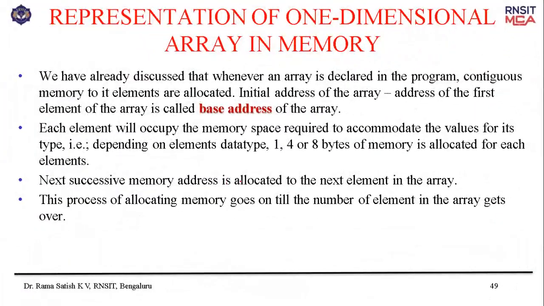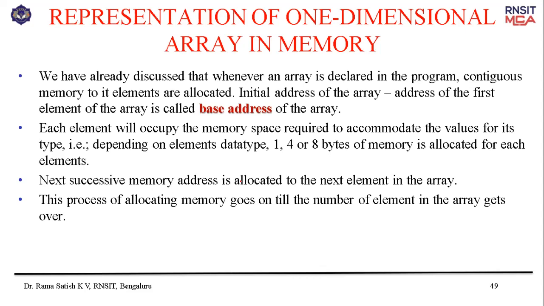Before we start its operations, let us look into how exactly they are represented in memory. We already discussed that whenever an array is declared in the program, continuous memory is allocated, and the initial address, or the first element address, is called the base address. Each element will occupy the memory space required to accommodate its value, depending on its data type.